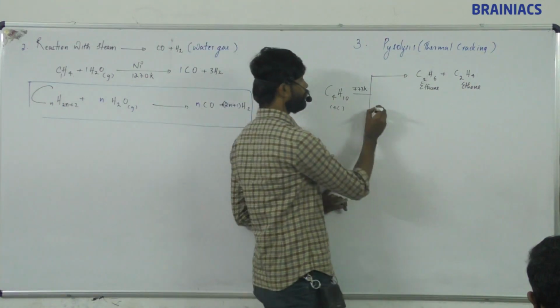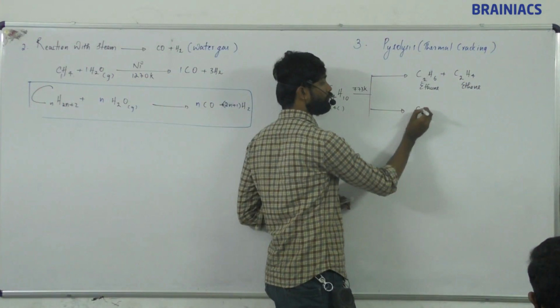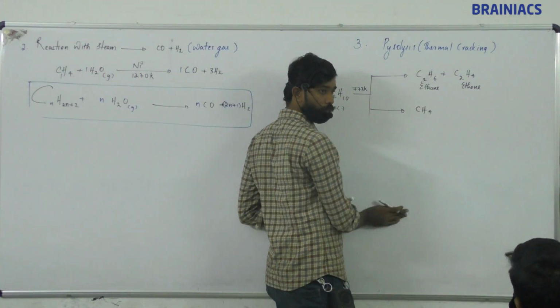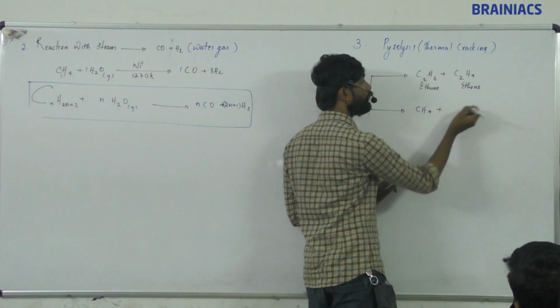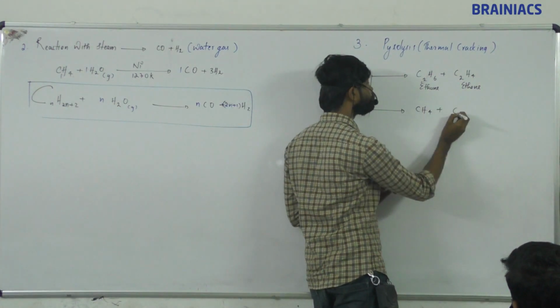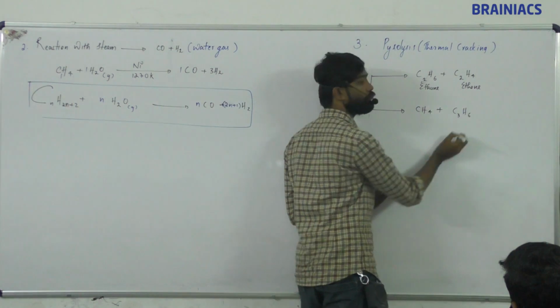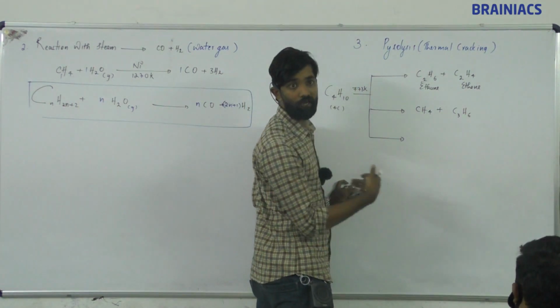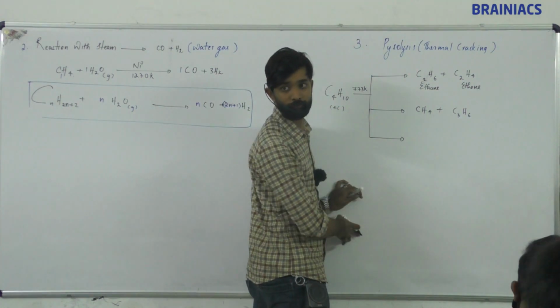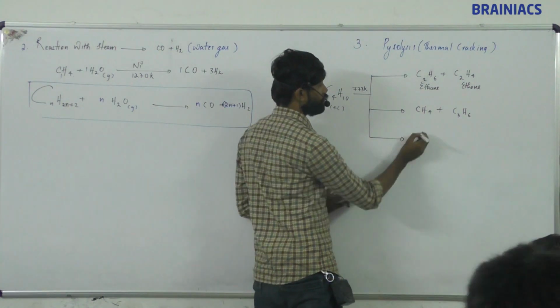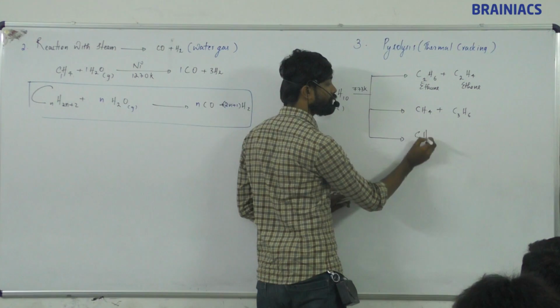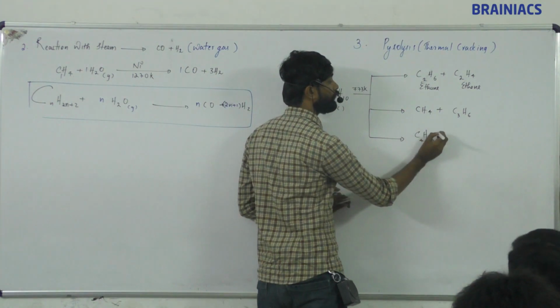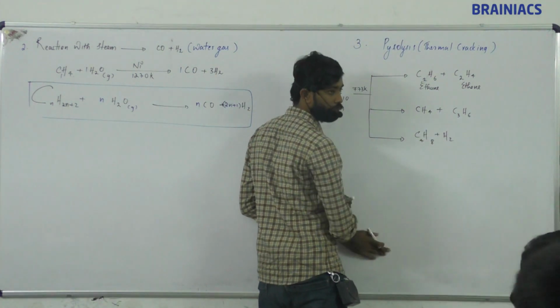Consider another chance. If you have CH4, methane, then the rest will be C3H6. There are a number of chances. You can't predict which one will be the product. If it is C4H8, then the partner will be hydrogen.